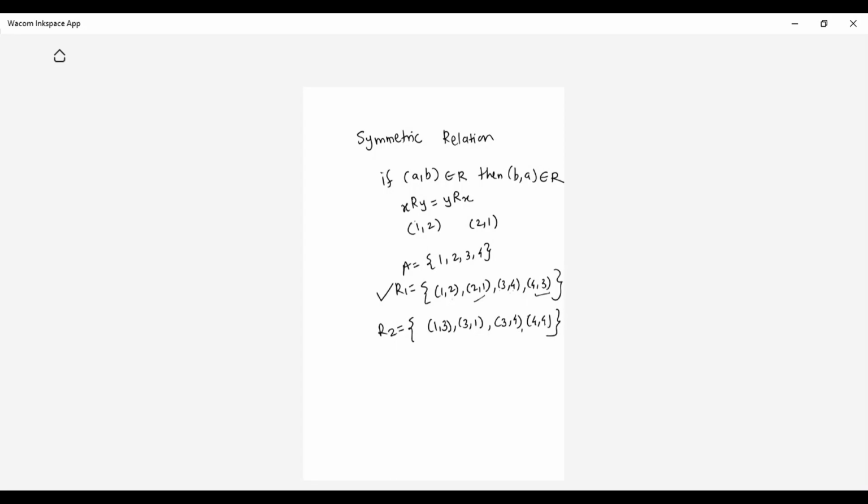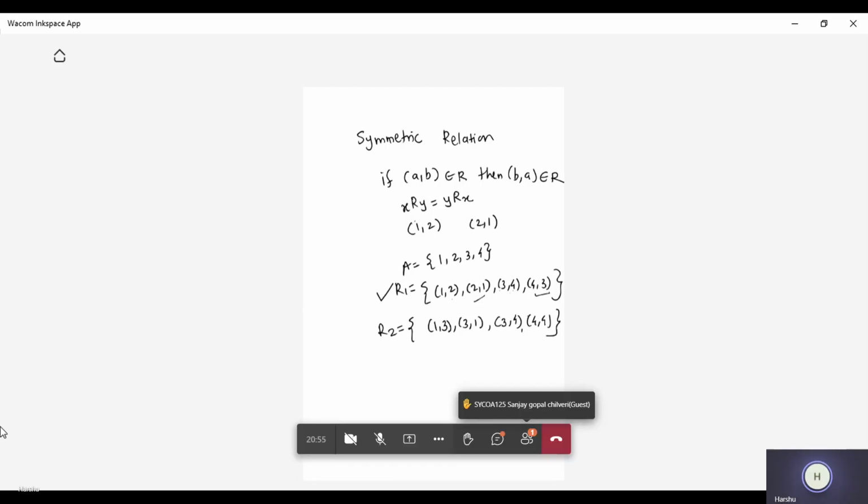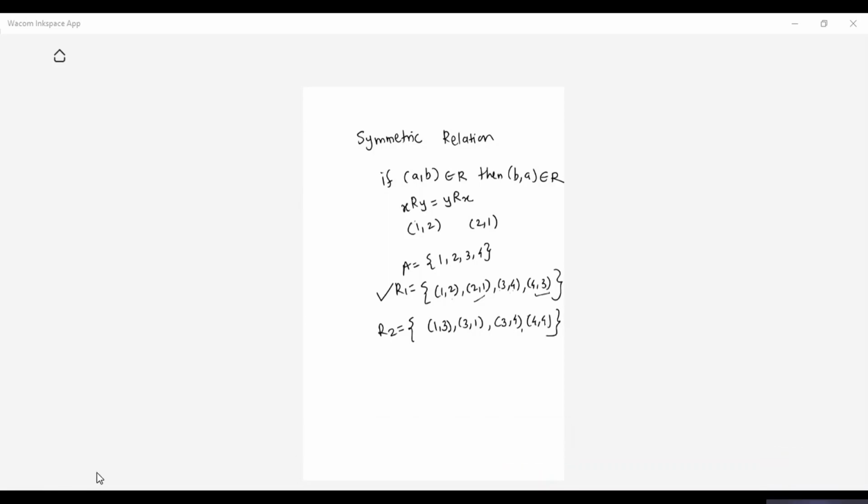Is this R2 a symmetric relation? Students, quickly type yes or no. R2 is not symmetric. Yes, perfect. Why? Because 1 3 and 3 1 we have, and 4 4 we also have, which is also symmetric.